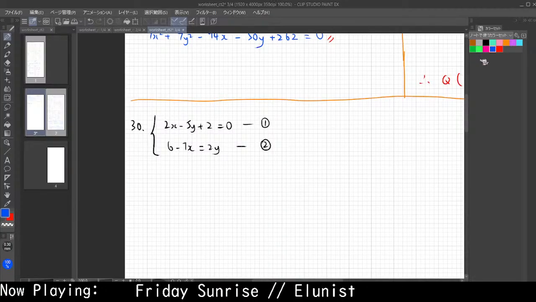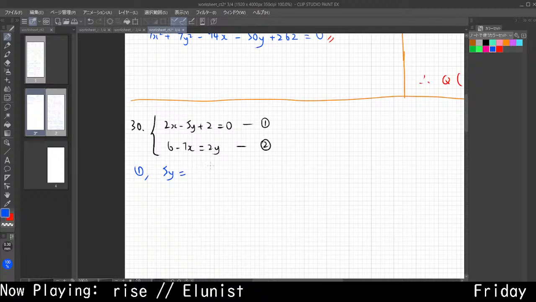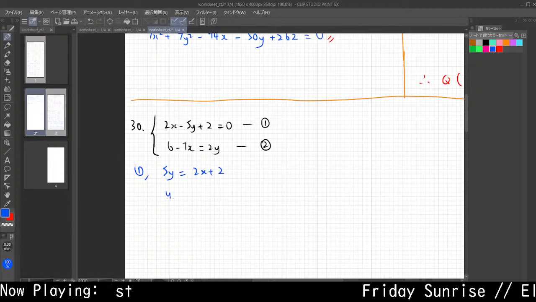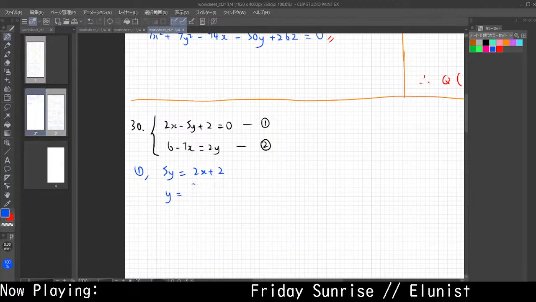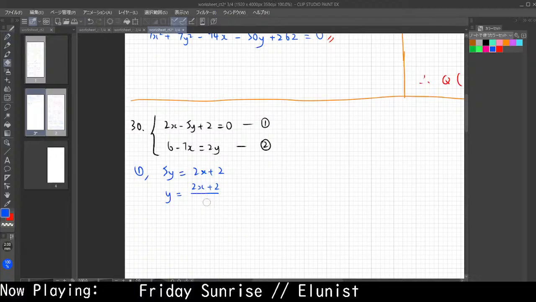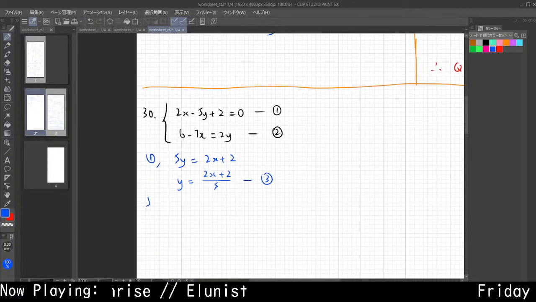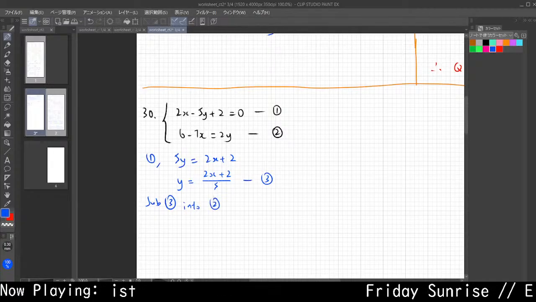So equation 1 I can rearrange into y equals mx plus c. So 2x plus 2. Then I can basically bring my 5 over like this. Then I can basically do substitution. So sub 3 into 2.